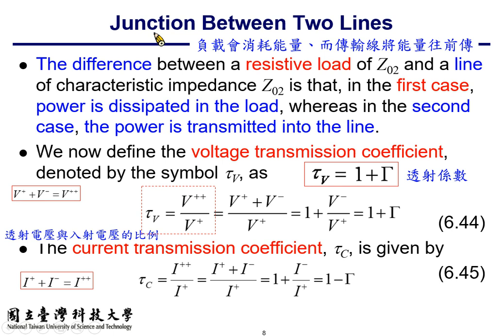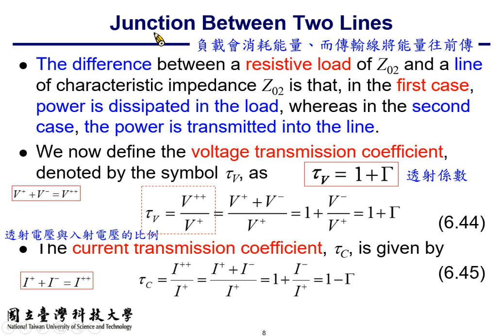But it's worthwhile to take a second look at the definition of the current transmission coefficient. It is actually 1 minus gamma, okay?